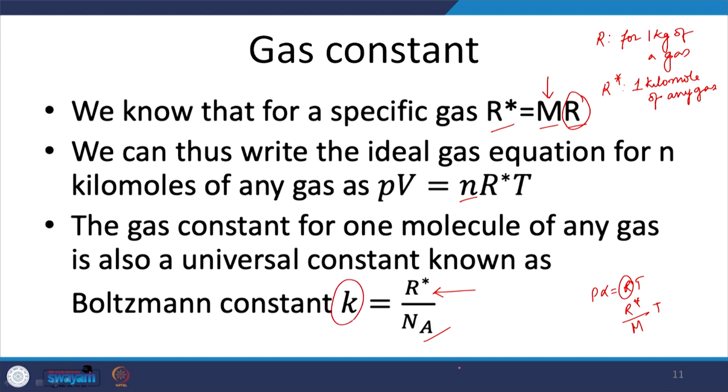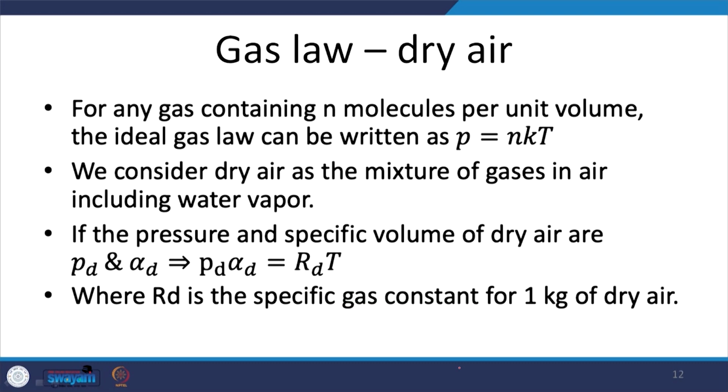So we make use of all these constants at several instances, right. Let us say for example dry air. So what is dry air? Dry air is the mixture of gases that we see in our atmosphere. Generally we don't talk about moisture when we are talking about dry air. So for any gas, consider n, the number of molecules per unit volume. It has the dimensions of 1 by volume, it does not have any dimensions of mass, right.